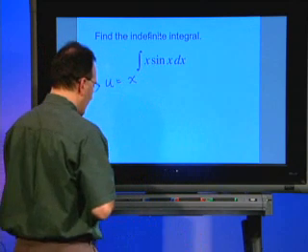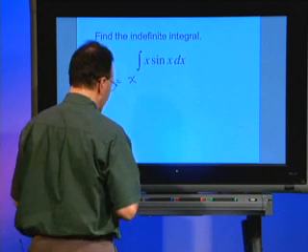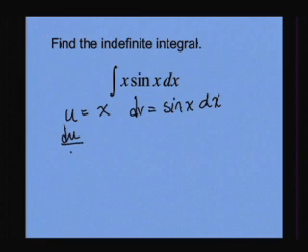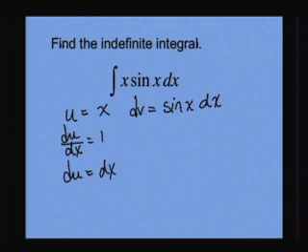That would leave us with dv equal to sine x dx. And that means du over dx is equal to 1, and therefore du is equal to dx.